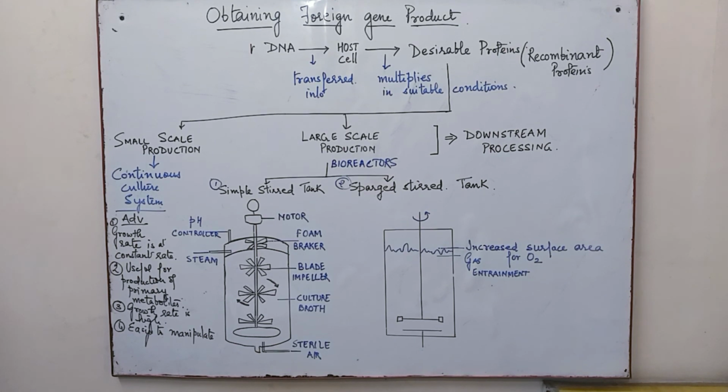Why? Because preservatives need to be added for future use. So if the products are drugs, clinical trials are required, sterile conditions are required, quality measures are taken care of, and quality testing is also done strictly, which varies from product to product. So downstream processing is an important process after the desired protein or the recombinant protein is obtained.